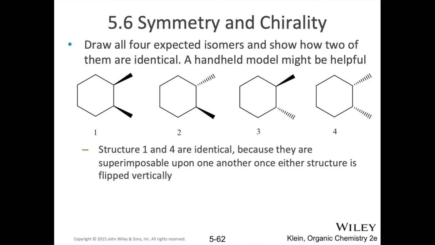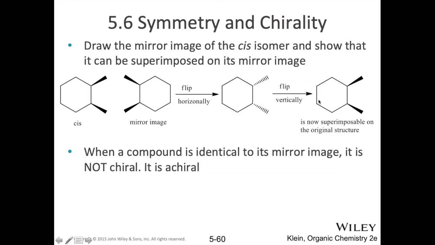Okay, so in the case of 2-methylcyclohexanol earlier, we had two chiral centers, and 2 to the power of 2 is 4, right? 2 squared is 4, and so there were 4 different molecules we could draw. Well, in this case, again, we have 4 different molecules we can draw, but we'll quickly find that 1 and 4 are identical, as we saw in a previous slide.